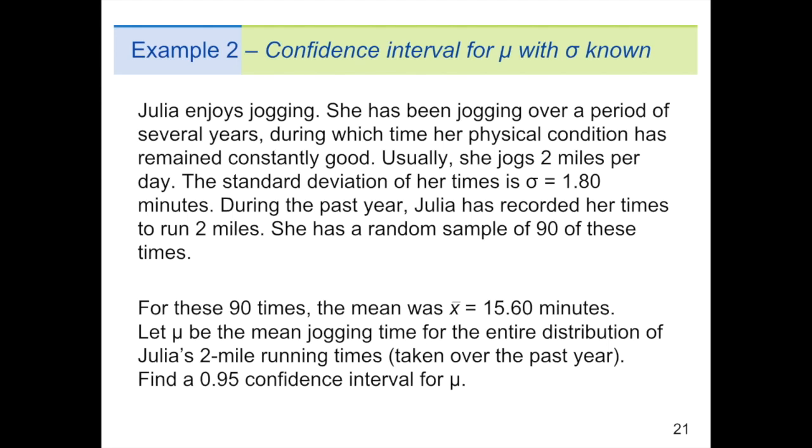She has a random sample of 90 of these times. For these 90 times, the mean was x bar equals 15.6 minutes. Let mu be the mean jogging time for the entire distribution of Julia's 2-mile running times taken over the past year. Find a 0.95 confidence interval for mu.